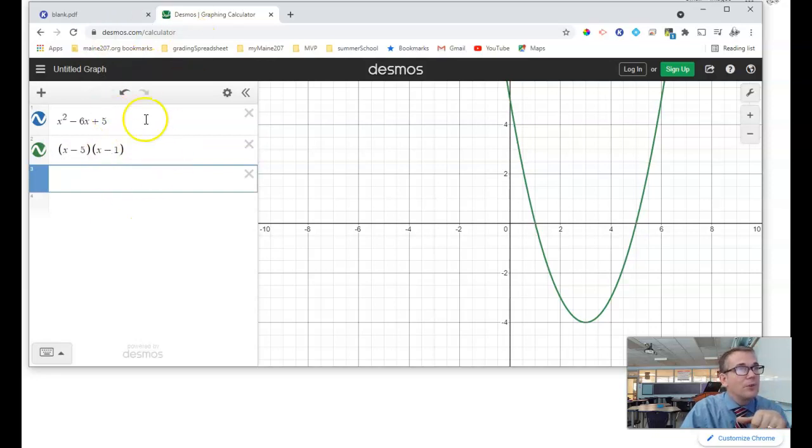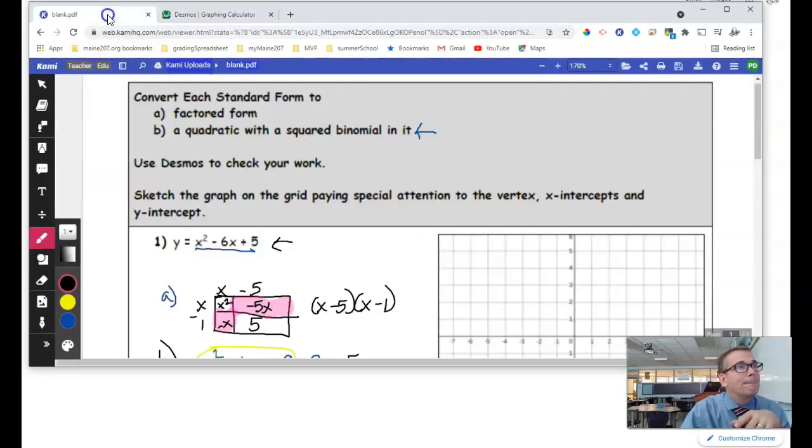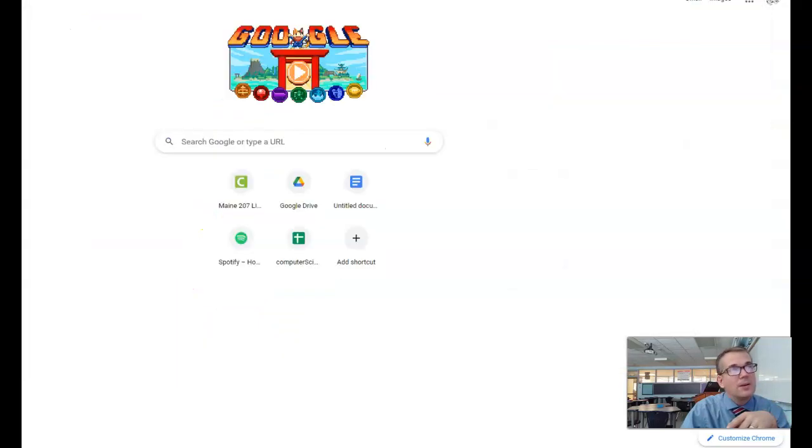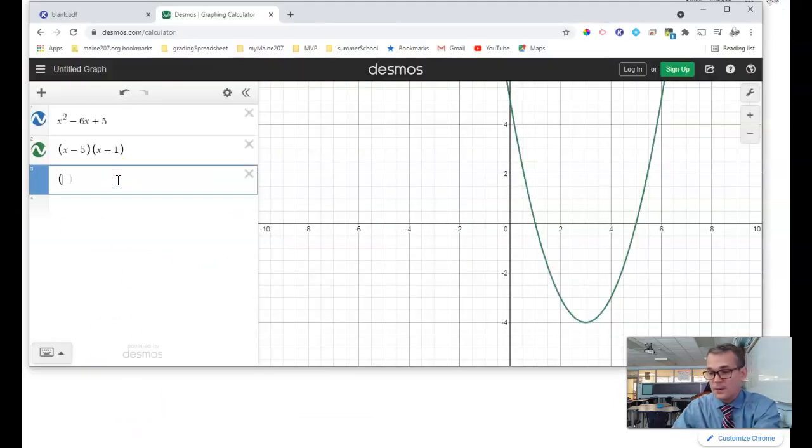It's the same quadratic in a different form. And the last one is supposed to be x minus 3 quantity squared minus 4. So we're doing x minus 3 quantity squared minus 4, and yay, the purple graph also falls right on top of the graph that we had.